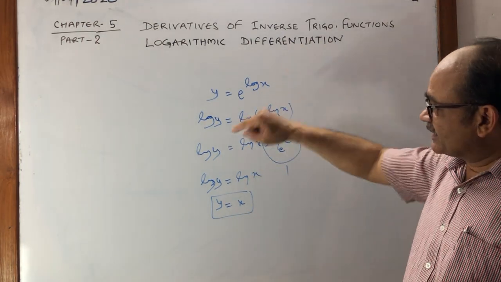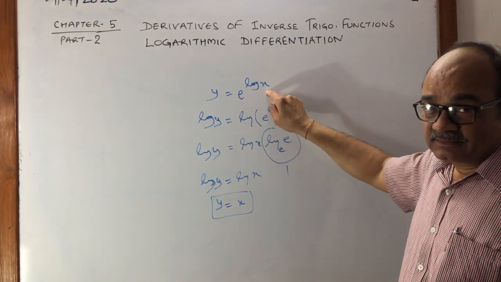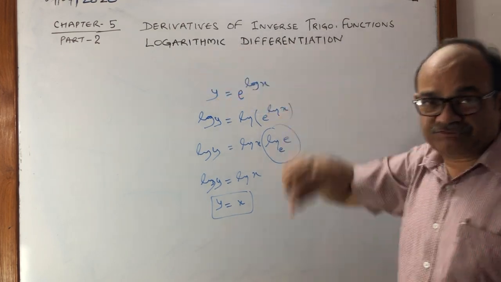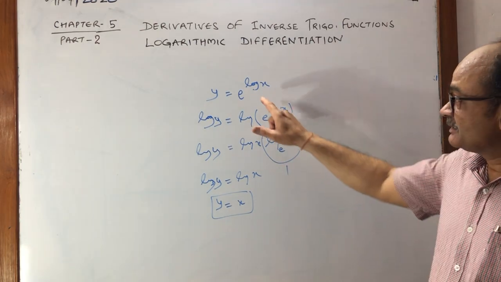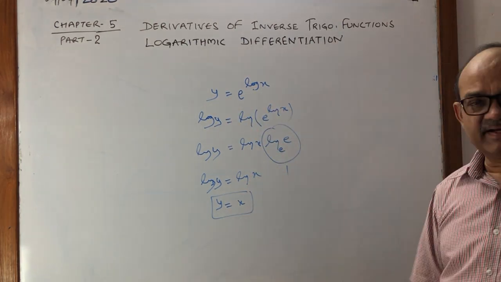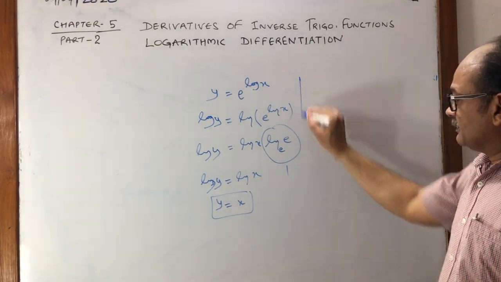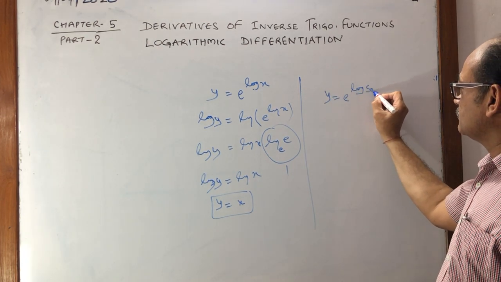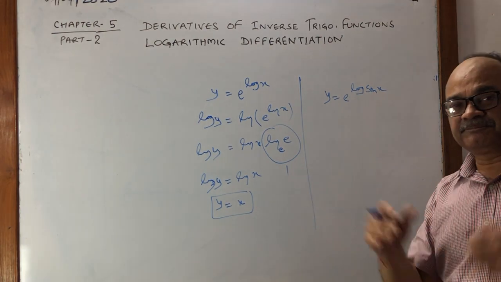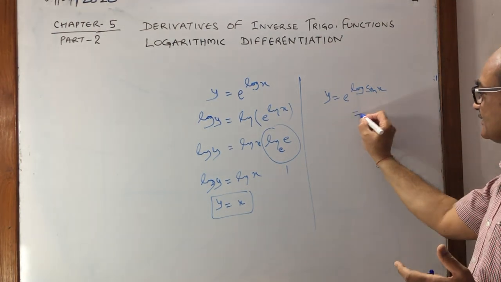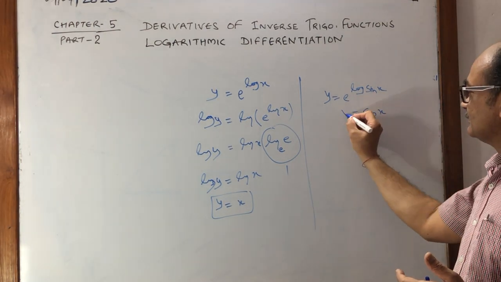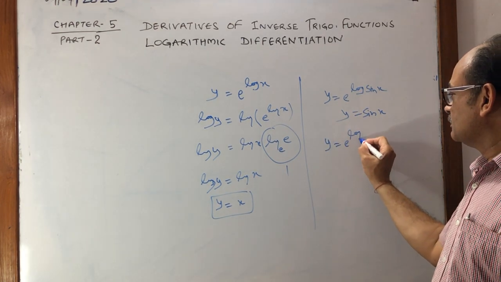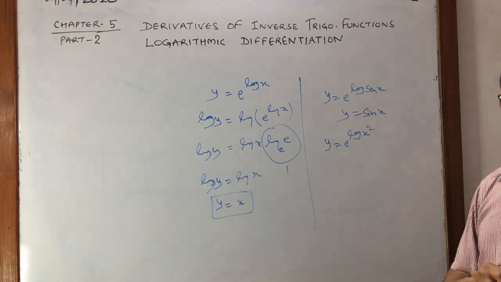So listen once again, e to the power log of some positive quantity, where y is a positive quantity. In this case, y remains x. For example, y equals e to the power log sin x. Now tell me, what will be the answer? Correct, sin x. One more, y equals e to the power log x square.